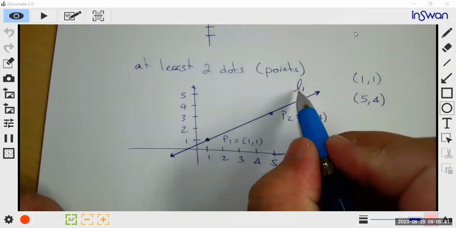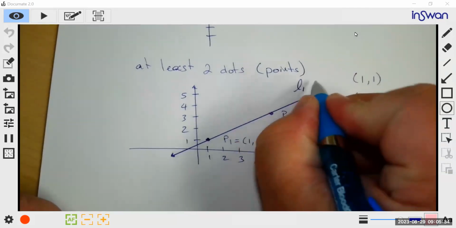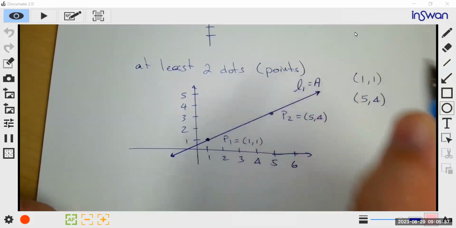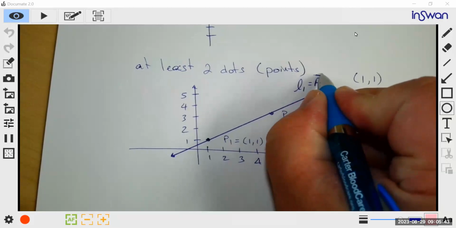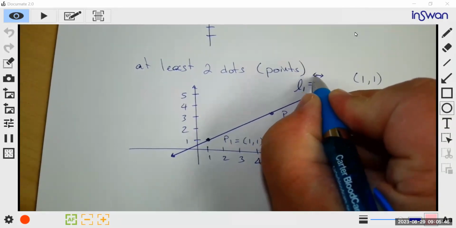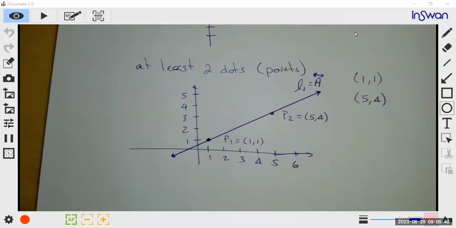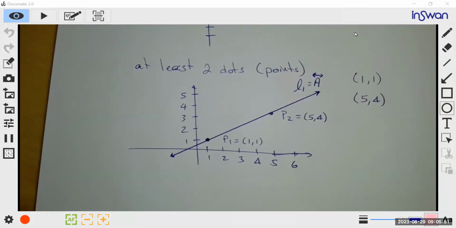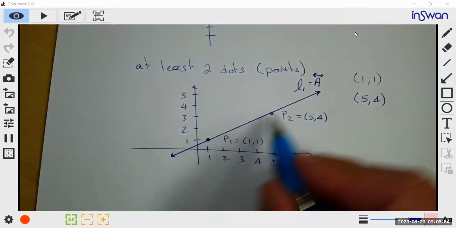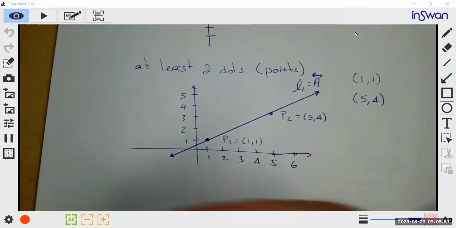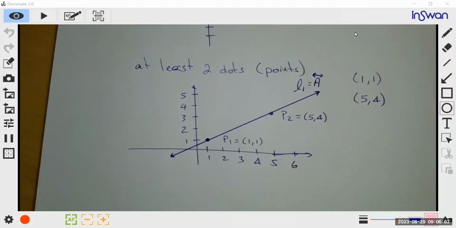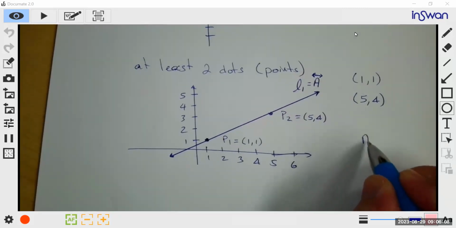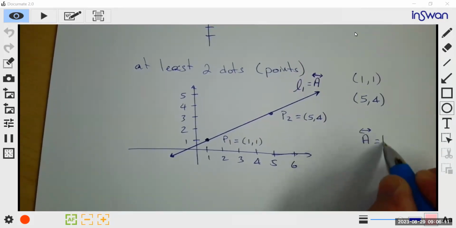Because a lot of people don't want to write L1, we'll call it A. And how can we define A as a line? Above the A, you put a line with arrows on both sides. So A represents this entire line, going as far as you can go in each direction. That's a line.